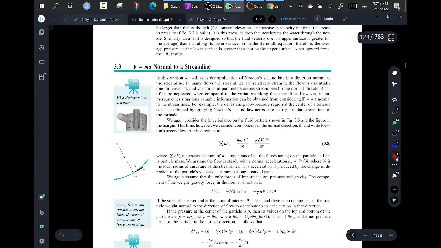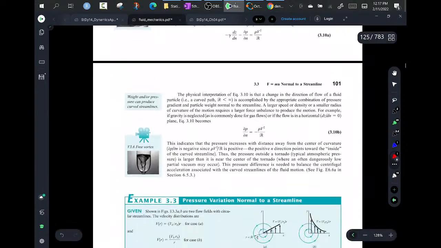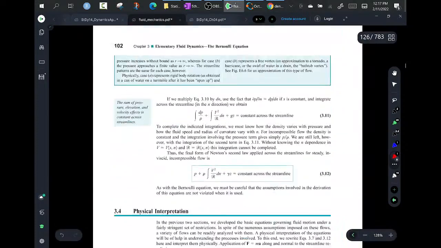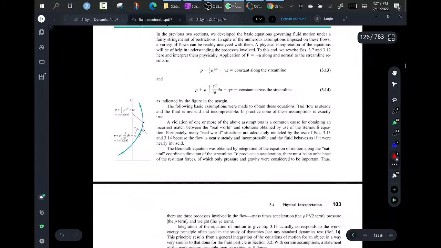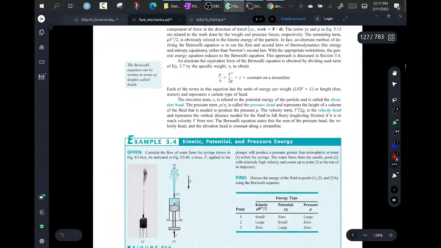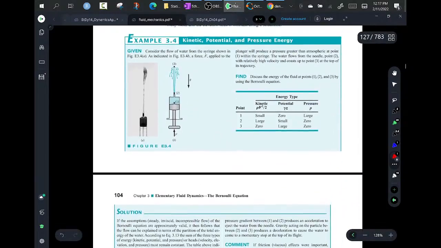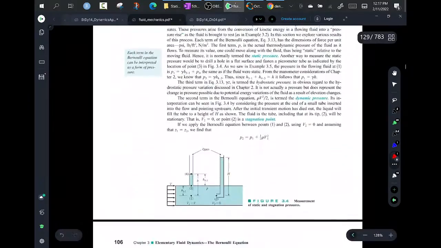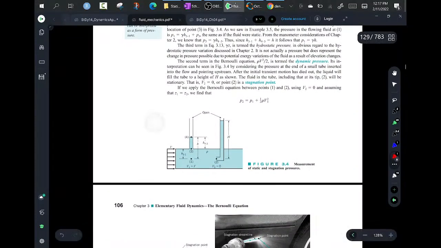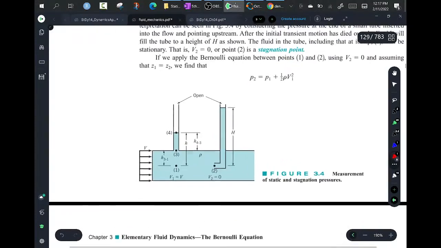Okay. Here he talks about normal to the streamline, and then there it is again. Now let's look at, let's take a look at this one.